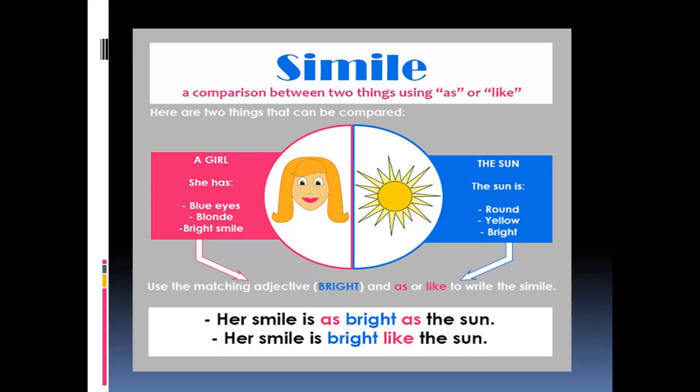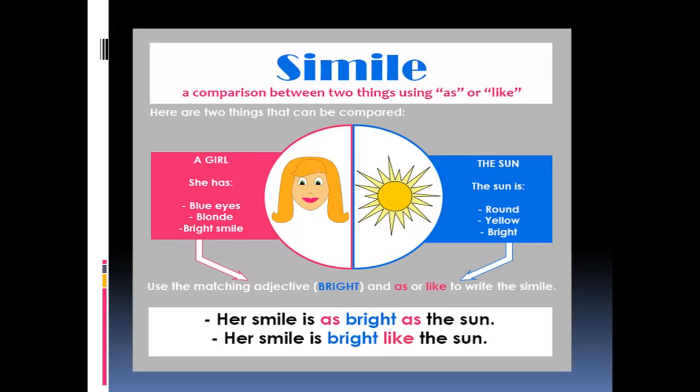She has blue eyes, blonde hair, a bright smile, whereas the sun is round, yellow and bright. So we can use the matching adjective, bright, and as or like to write the simile. How can we use the simile? Her smile is as bright as the sun. Her smile is bright like the sun.